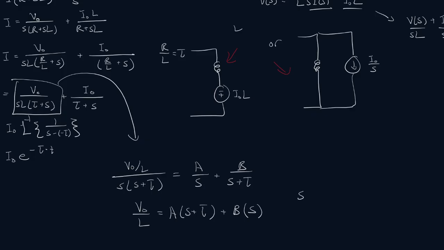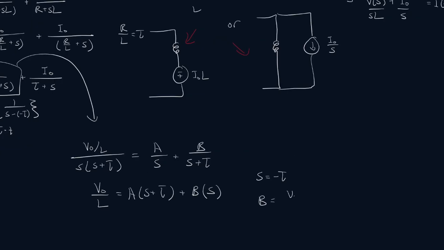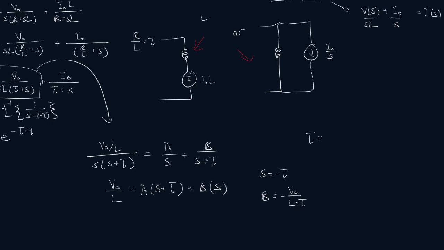So when S is equal to minus tau, B will be equal to VO over L times minus tau. So it'll just be the following. And recall tau is equal to R over L. So if you put R over L here, these two L's cancel out.